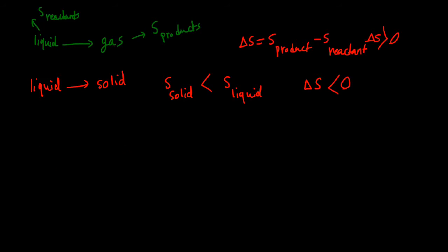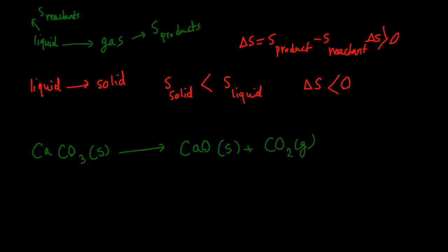Another example: we have CaCO3 solid, and I heat it, and it gives me CaO solid plus CO2 gas. This is S of the reactants, and this one is S of the products. I want to see if delta S of this system is larger than 0 or smaller than 0.